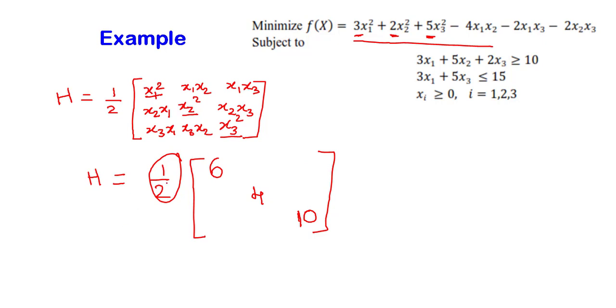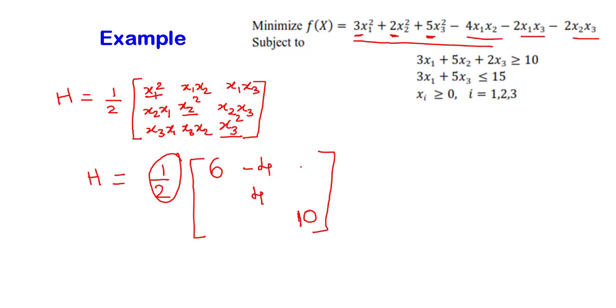In the remaining cases, for the cross terms x1 x2, x1 x3 and x2 x1, I will include them as they are, the same coefficient. Here I will get x1 x2. What is the coefficient for x1 x2? It is minus 4. I will write minus 4.